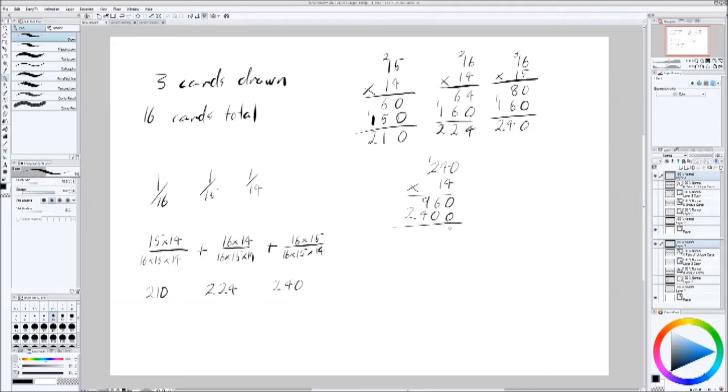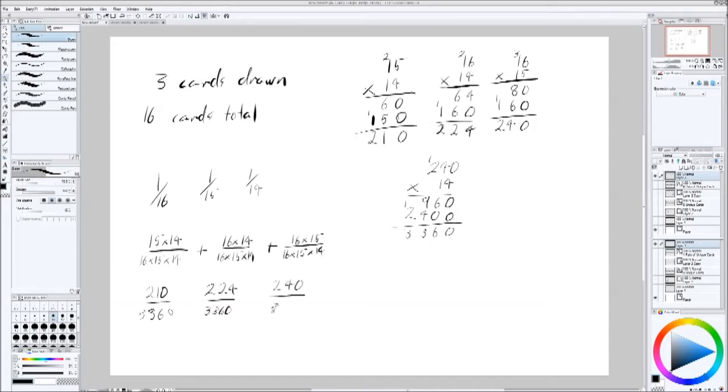Now we add it together, 0 plus 0 is 0, 6 plus 0 is 6, 9 plus 4 is 13, carry the 1, 2 plus 1 is 3. So that means that each one of these ends up being 3,360.